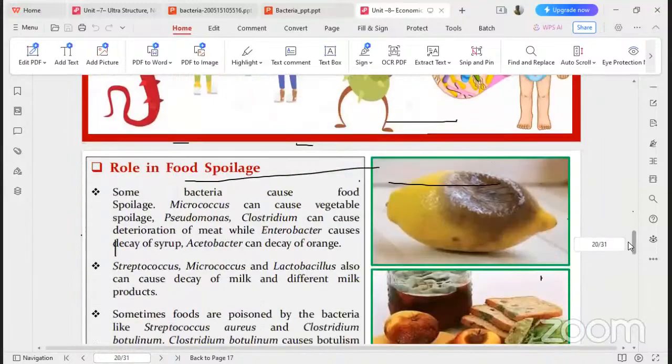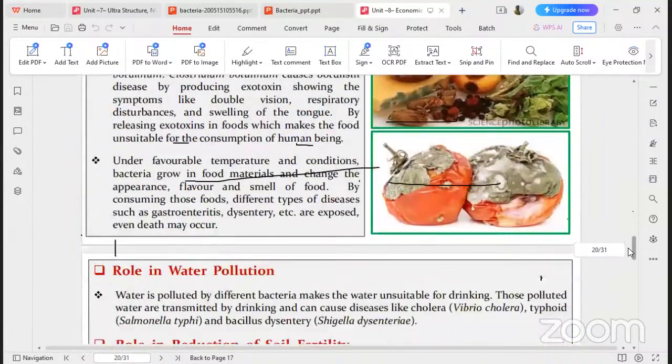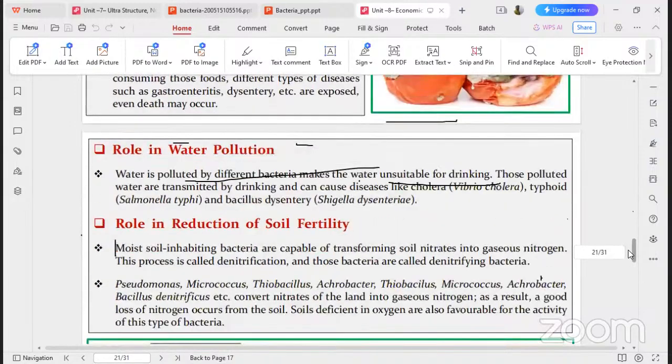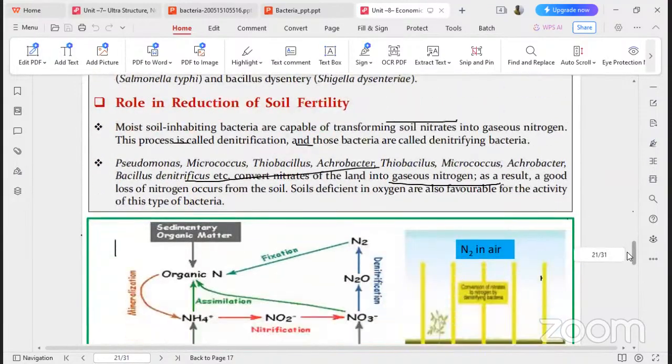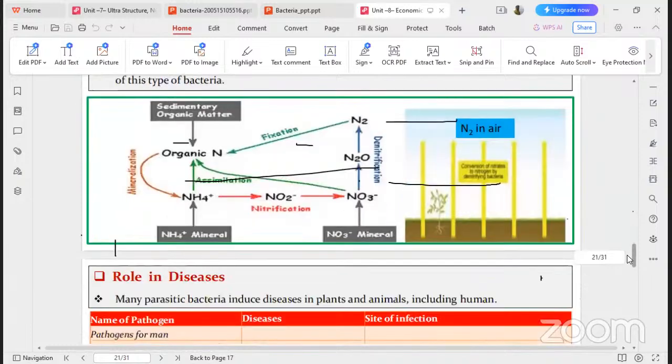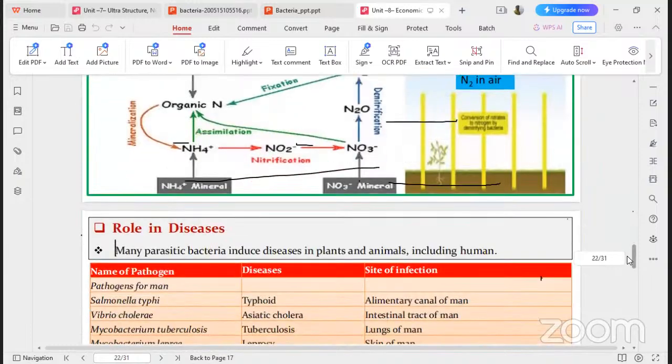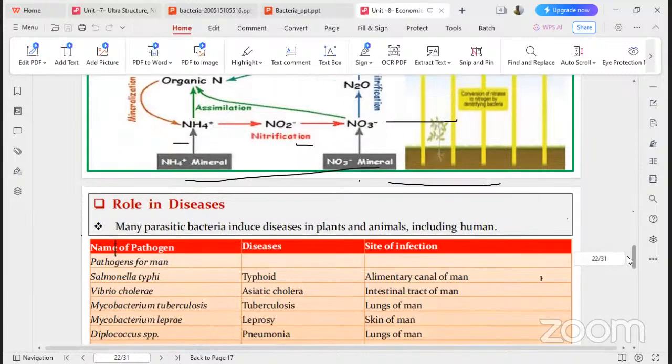And also so many food spoilage and water pollution are caused by bacteria, and also denitrifying bacteria, which convert the nitrates and nitrites again into nitrogen.